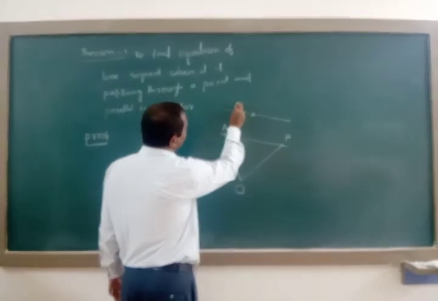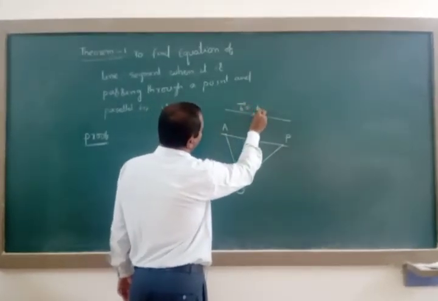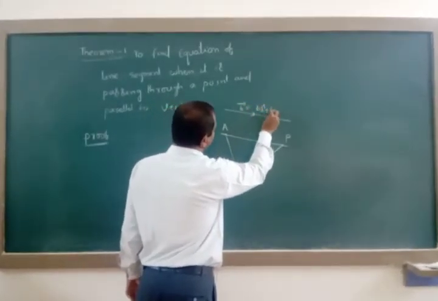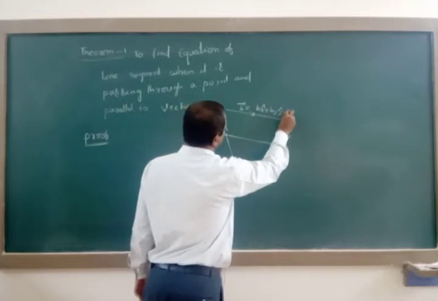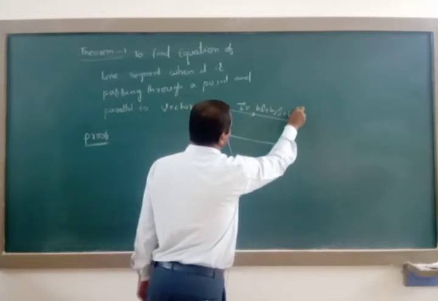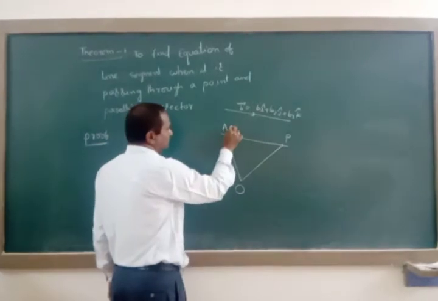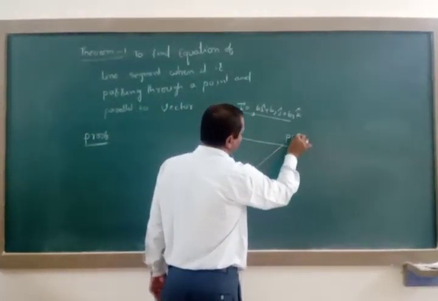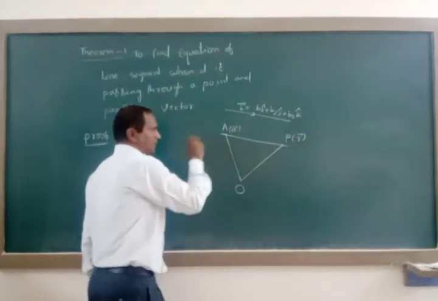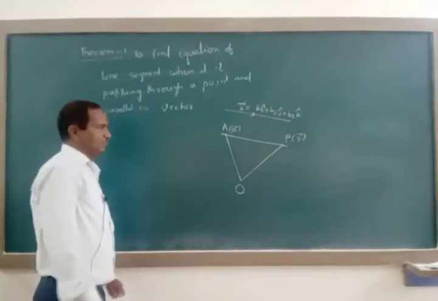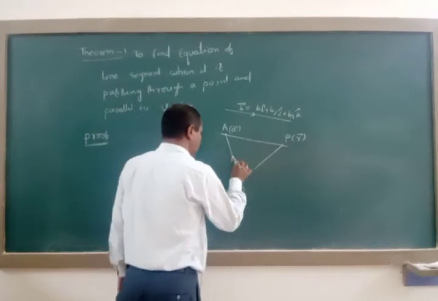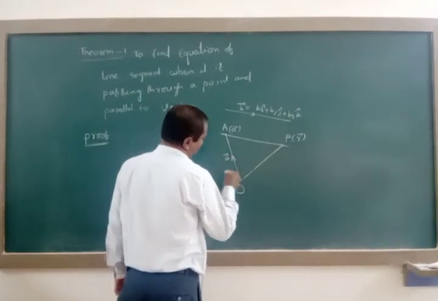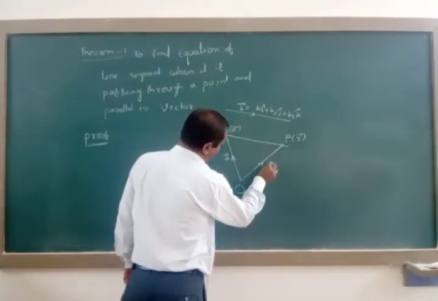B bar is equal to B1 i cap plus B2 j cap plus B3 k cap. A bar and R bar are the position vectors of A and P here. That is OA bar is equal to A bar, and OP bar is equal to R bar.